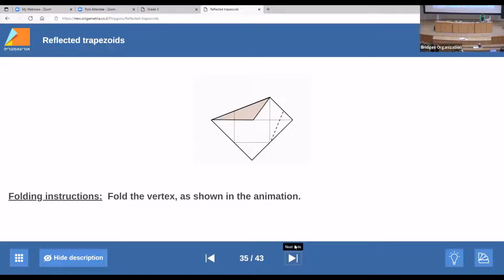You have a triangle and you fold the short side to the long side. So you see, all the lesson here is mathematics language. It's very important. And now we just close the small triangle.